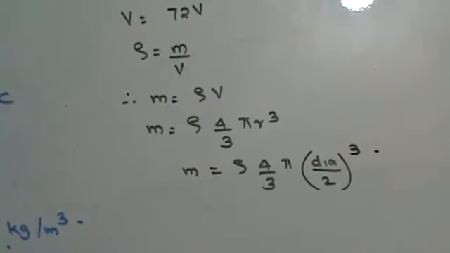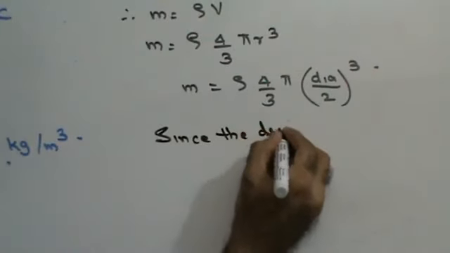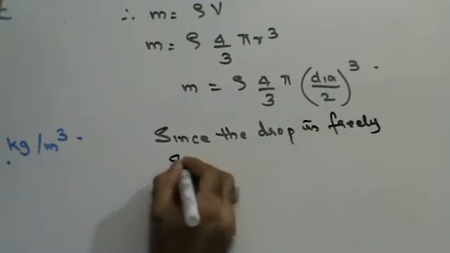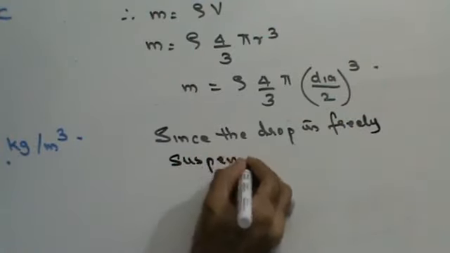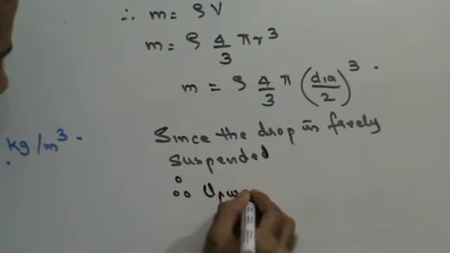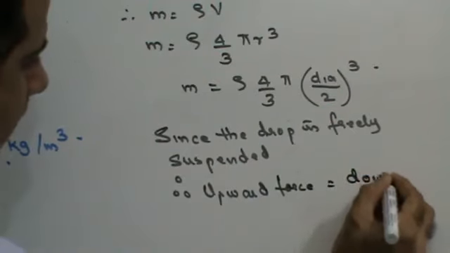This will give you the mass of the droplet. Now since the drop is freely suspended, upward force should be equal to the downward force.